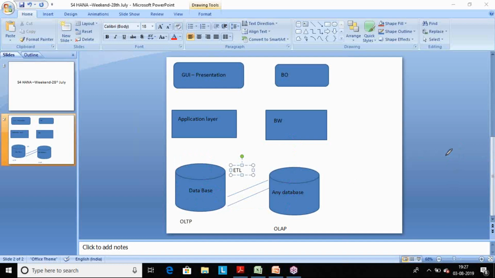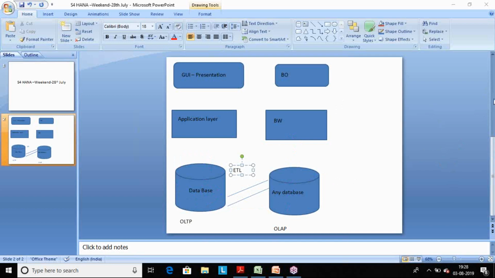And second, this is a system which is not capable of processing the data. This system is only meant to store the data. You take this one or this one, it is only available to store the data.